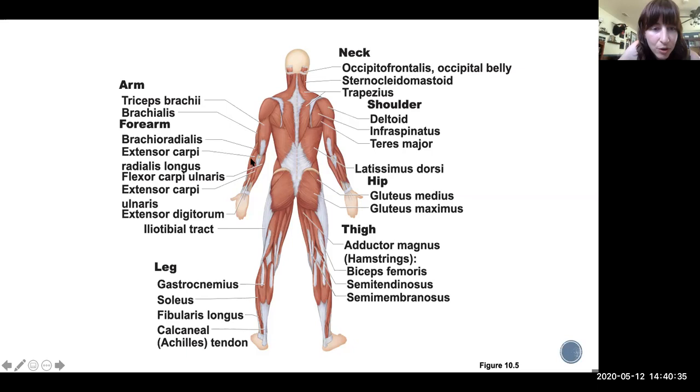All right, so that's our extensor carpi radialis longus. We have a flexor carpi ulnaris, which is going to be over here on this medial edge from the back side, okay? So this is associated with the ulna, right? So this is going to be pulling your wrist in a lateral, actually it would be a medial direction according to anatomical position, right?